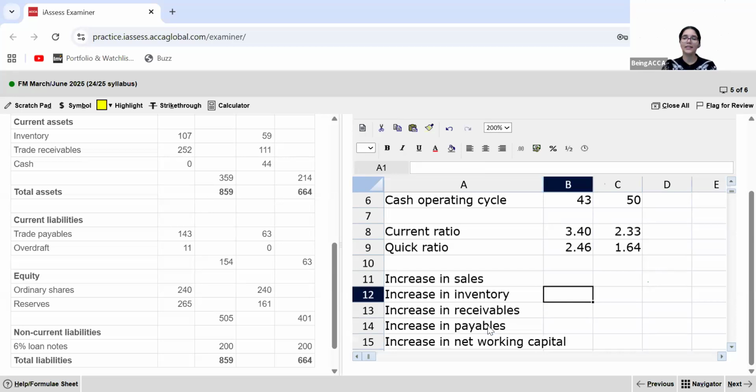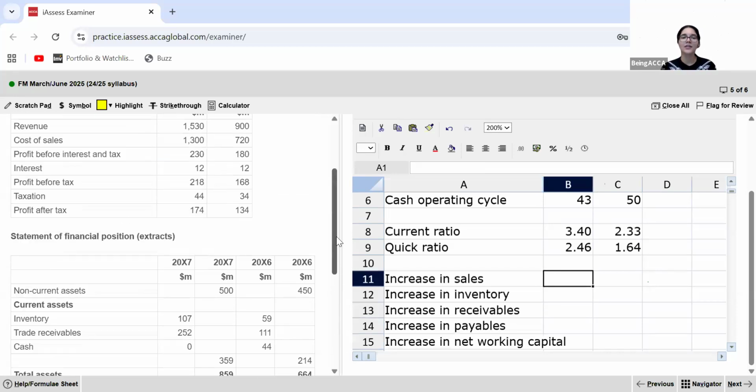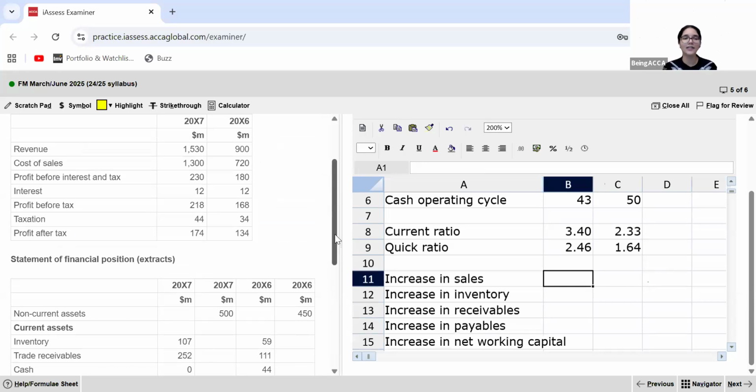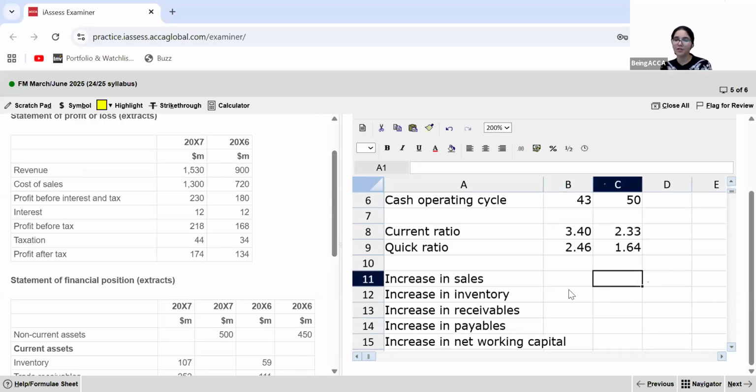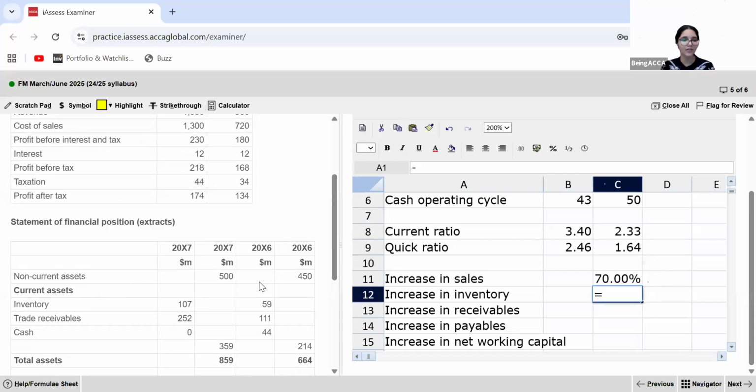So how do we calculate the increases? Increases are the new figure minus the old figure, divided by the old figure. So for increase in sales, this year I have sold 1530, minus the previous year, which was 900, and divide this by the previous year figure. So your sales have risen by this many percent. Same you can find out for inventory.